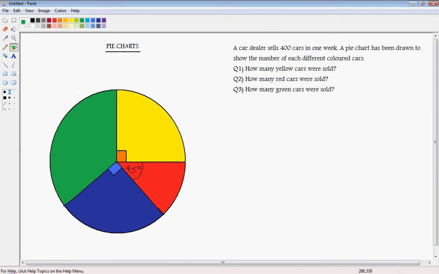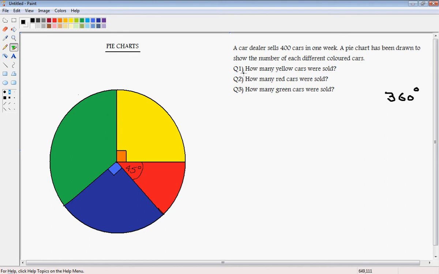So this angle is 90 degrees, this angle is 90 degrees, this angle we can see is 45, and they've not put this angle on. The first thing you need to know is that a circle is 360 degrees always.